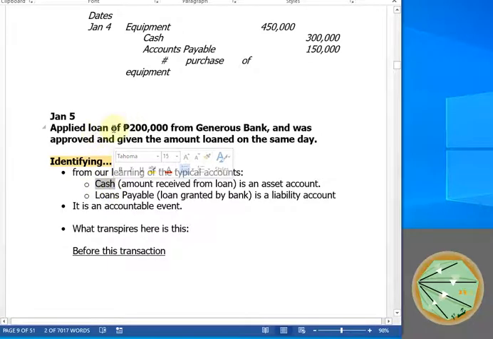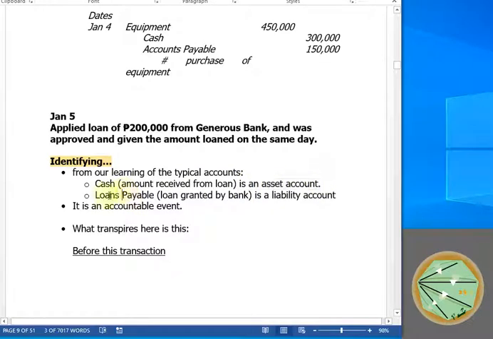Cash is affected because once the loan is granted, it is obvious that the bank who grants the loan will be giving a certain amount of cash, based on the loan contract, to the debtor. So obviously, the company here will receive 200,000 cash from Generous Bank. So that is the first account affected, cash. And again, we knew that cash is an asset account.